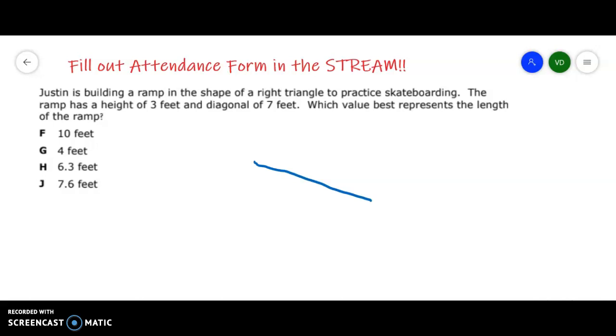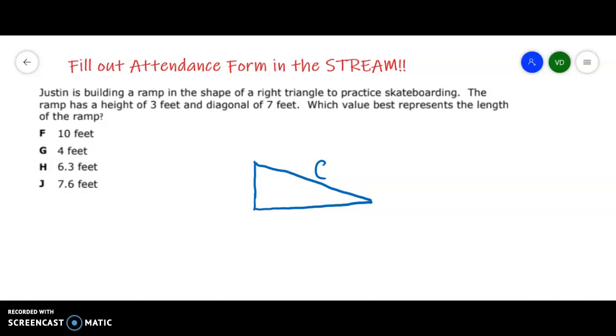The word diagonal is also the C. So diagonal, ramp, ladder, those are all going to be the hypotenuse, or the C, of the right triangle. Then you need the support of the ramp, or the house if it's talking about a ladder, and then you need the bottom, or the floor.